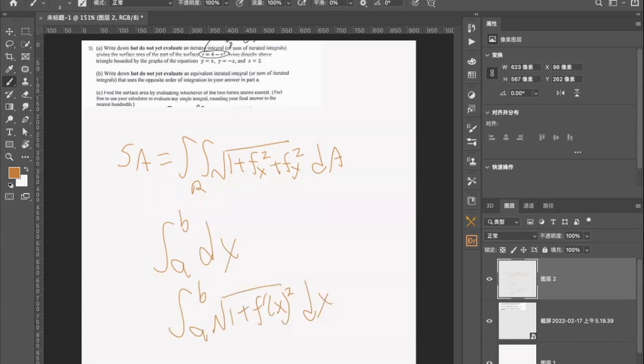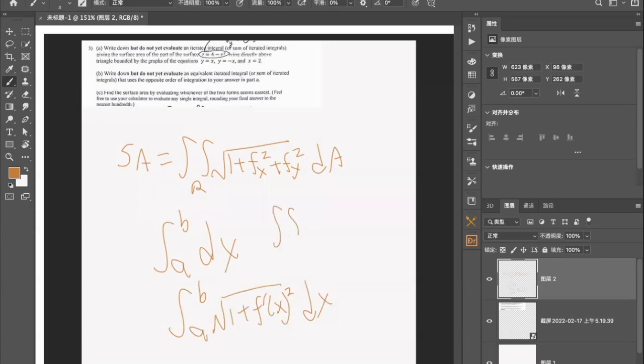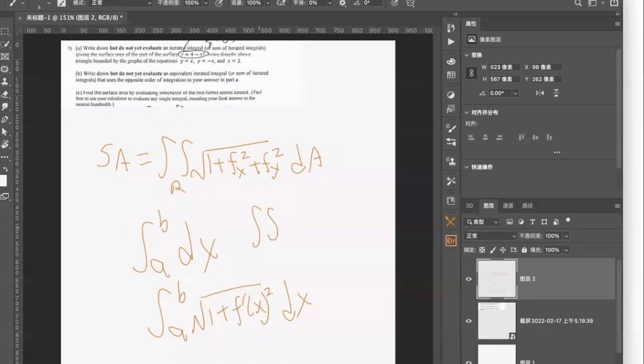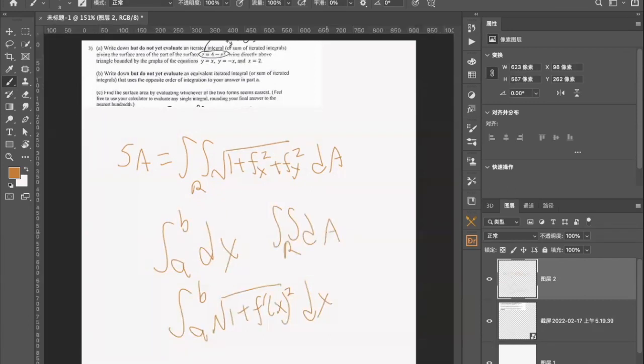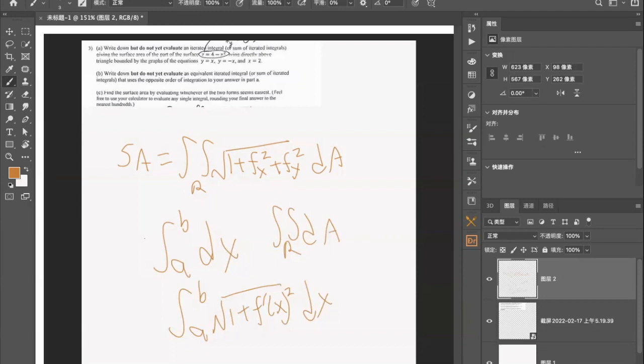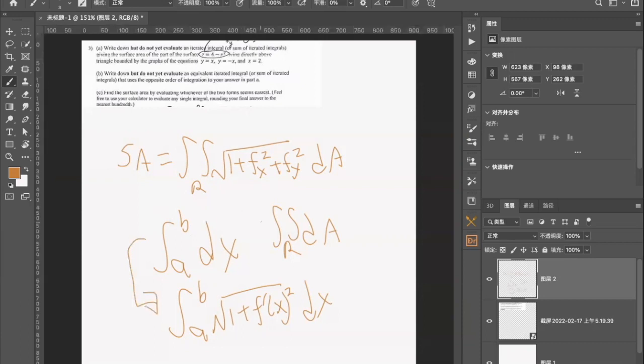And the area in a region will be something like this. So how could we get surface area? Well, surface area is basically like turning the area equation. So this is what we get.